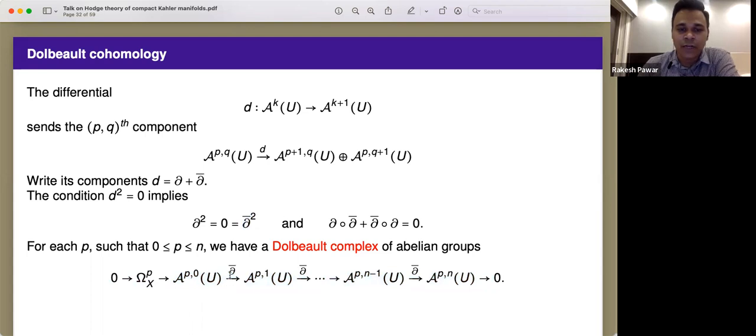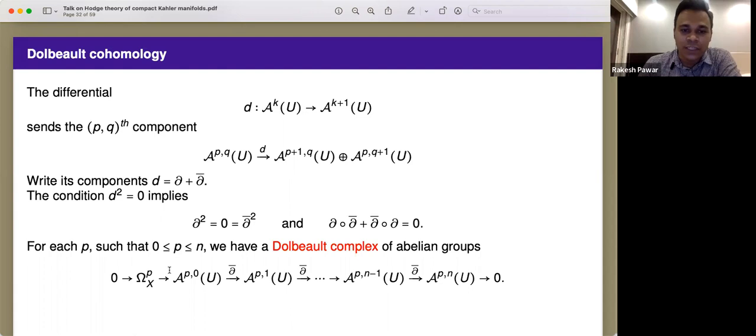Now, if you calculate the kernel of this ∂̄, it is exactly degree p holomorphic forms. If you take any form whose ∂̄ is 0, it will exactly give you a differential form of the type dz_1 wedge ... dz_p. There won't be any component coming from dz̄'s.